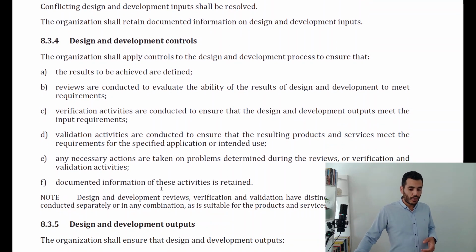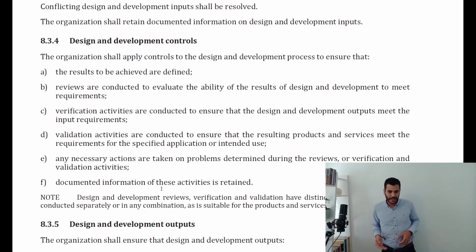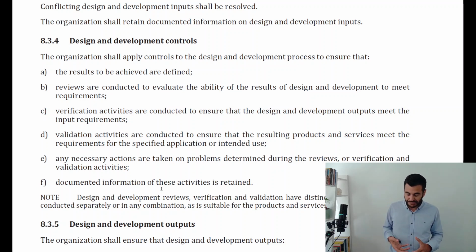When it comes to controls, ideally we'll have some type of controls that will help us make sure that we are creating a product that meets the needs of our clients.